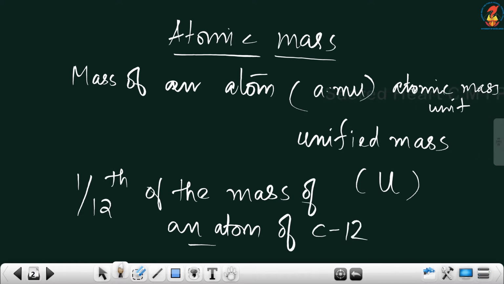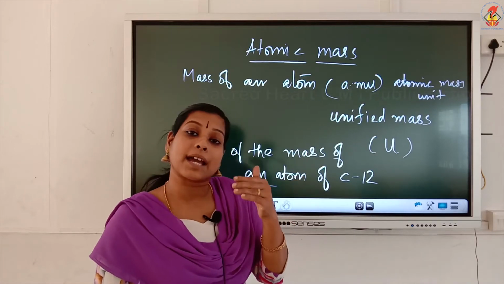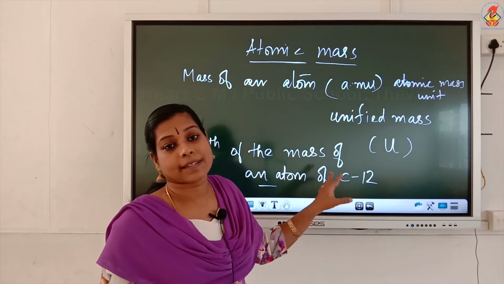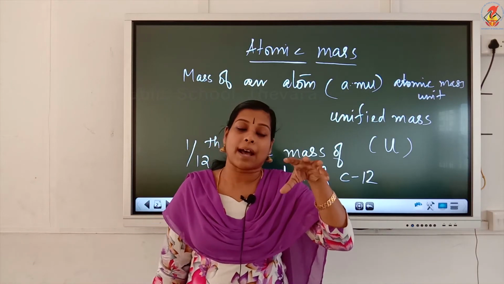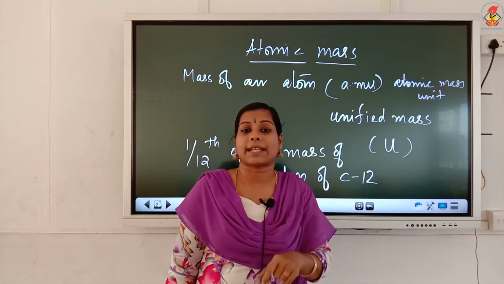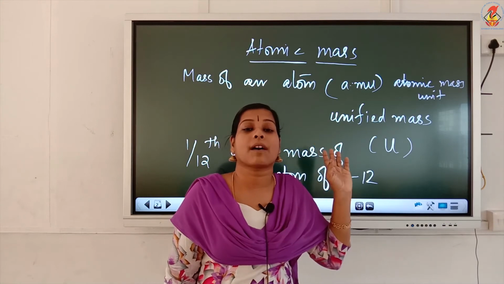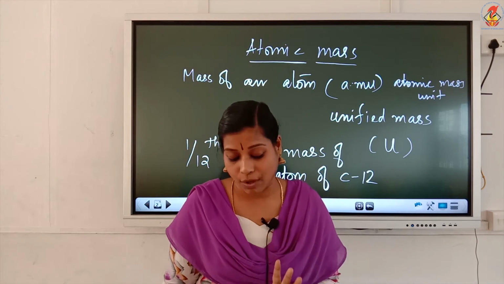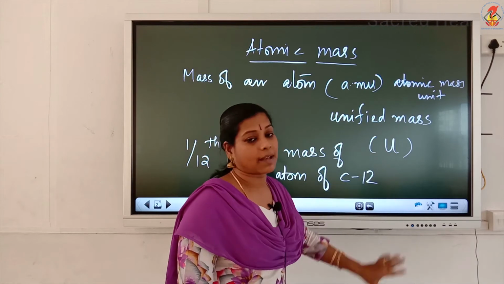Carbon is available in different forms, carbon 12 and carbon 14. That is why, instead of 14, we are taking the reference as carbon 12. That is the definition for atomic mass, and it is expressed in the unit unified mass U.